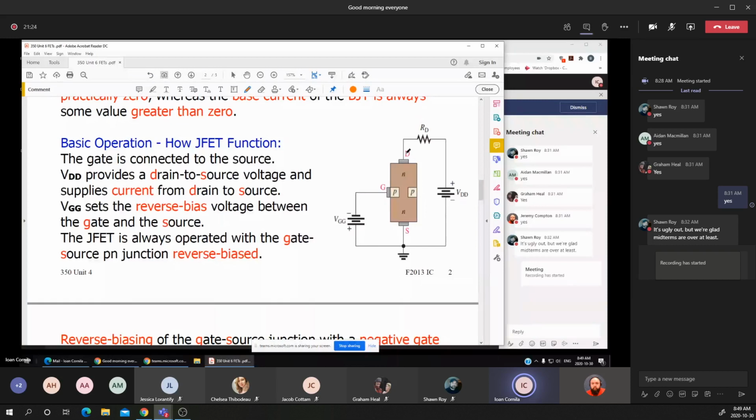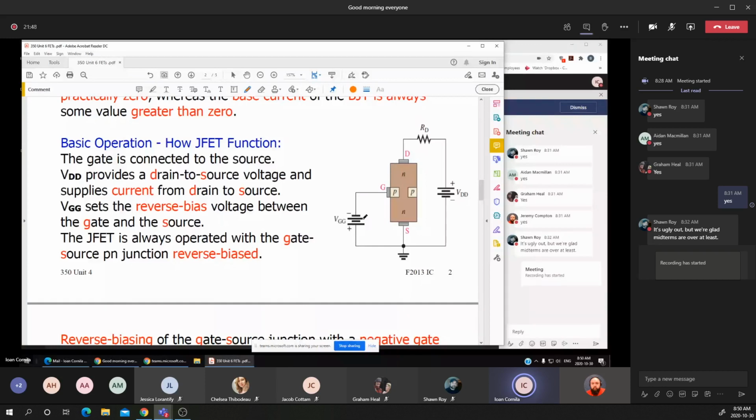For a BJT, we use VCC as the voltage supplied on the collector. In the same way, they choose a different notation for the voltage applied on the gate, VGG. For a BJT, the voltage applied on the base is VBB.